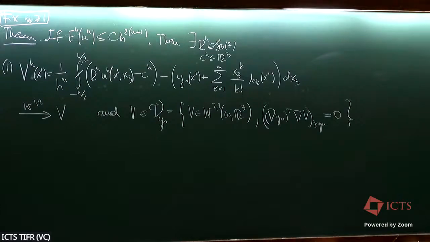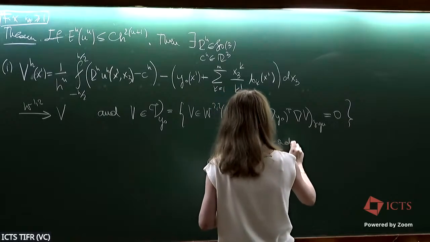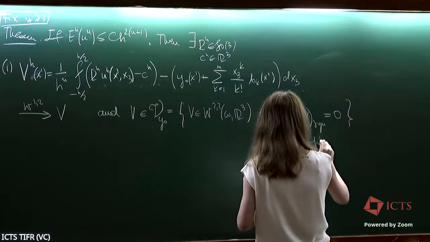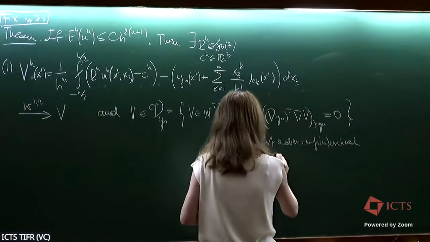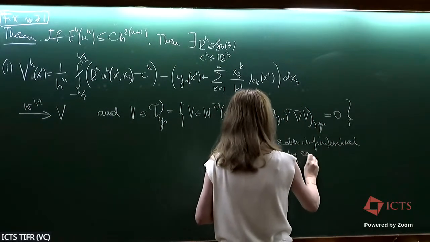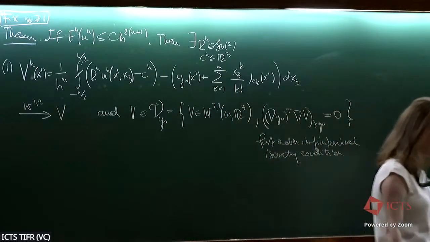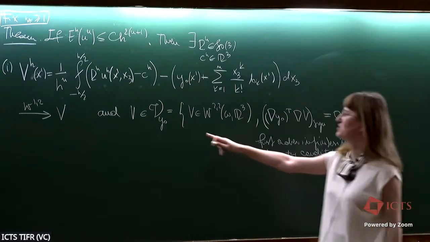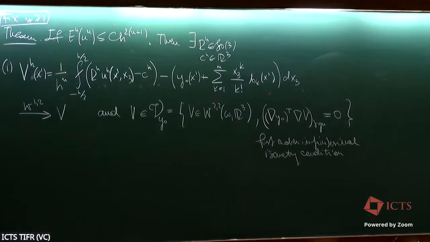So this condition we call the first order infinitesimal isometry condition. So this is a space of first order infinitesimal isometries. You should think in this context of it as the replacement of just the space of out-of-plane displacements, albeit of regularity W22.